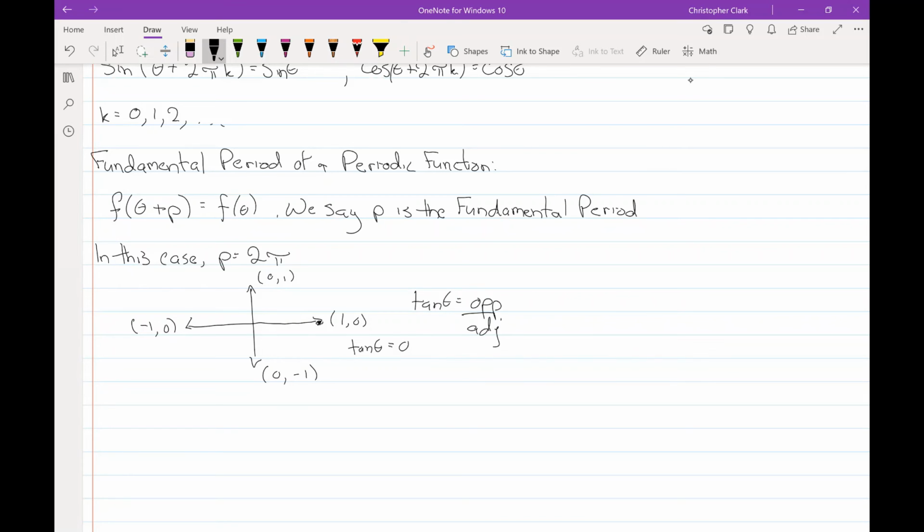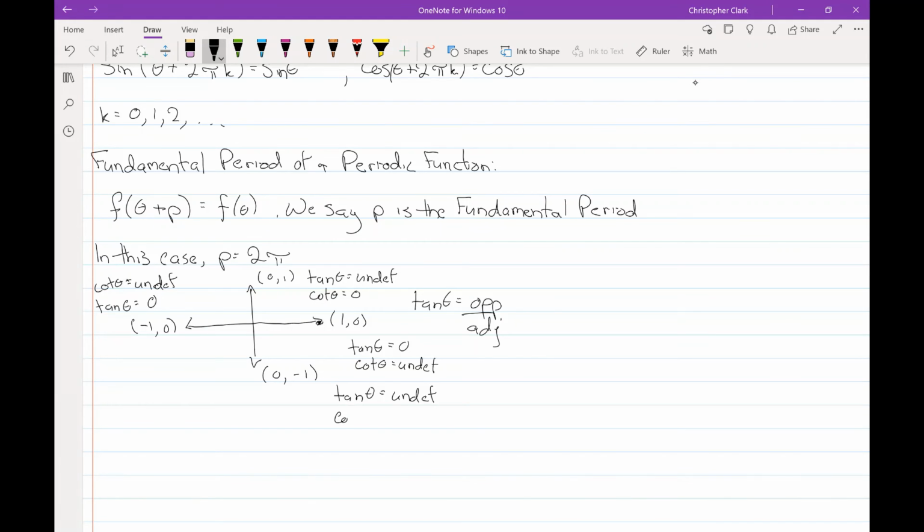Because it's 0 over 1. Here we have tan theta is undefined because you have 1 divided by 0. Over negative 1 is 0. And this tangent of theta is equal to an undefined value. So cotangent is going to be the same, but it's going to be flipped, right? So here, this cotangent of theta is going to be undefined. Here, the cotangent of theta is equal to 0. Here, the cotangent of theta is undefined.